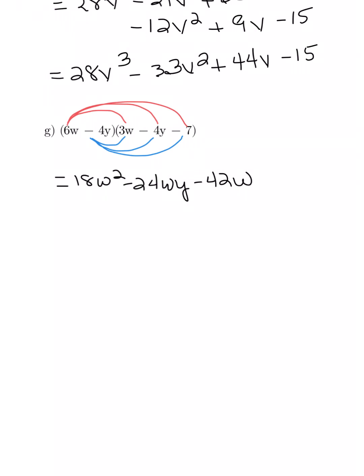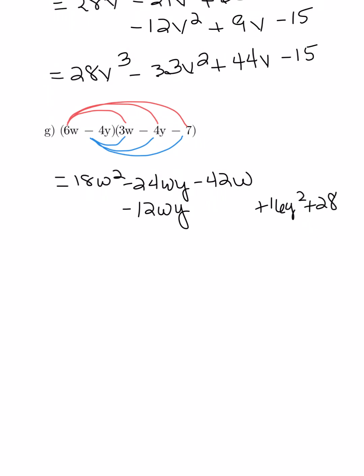Now moving to the second term. Take negative 4y times positive 3w. That will be negative 12wy. I'm going to line up under its like term, like I did on the previous example. Negative 4y times negative 4y will be positive 16y squared, and then negative 4y times negative 7 will be positive 28.